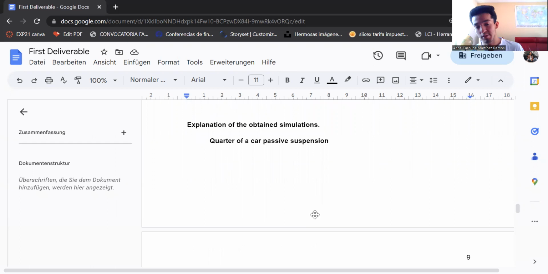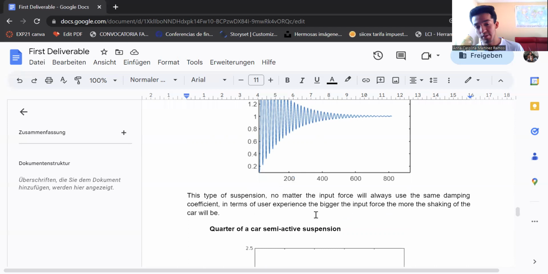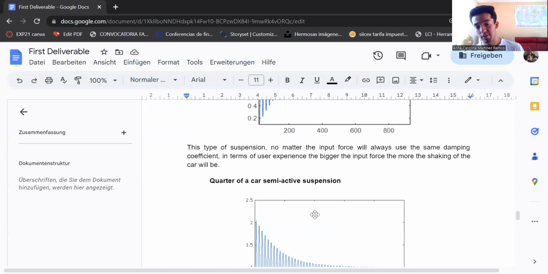And we can see how the suspension is going to behave. This type of suspension, no matter the input force, always uses the same damping coefficient. In terms of user experience, the bigger the input force, the more the shaking of the car will be.